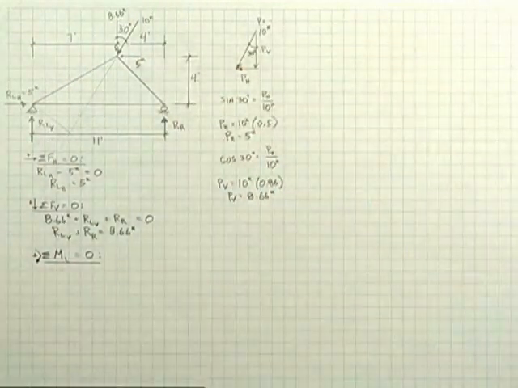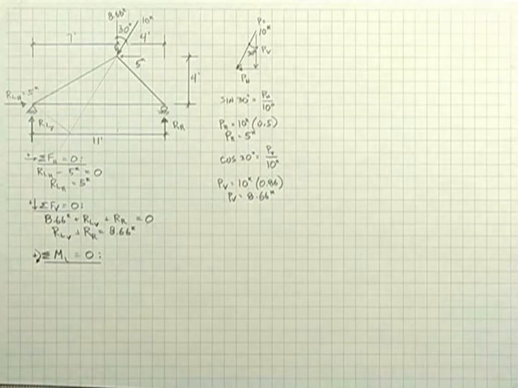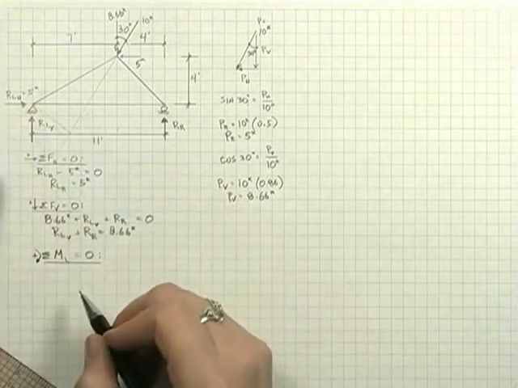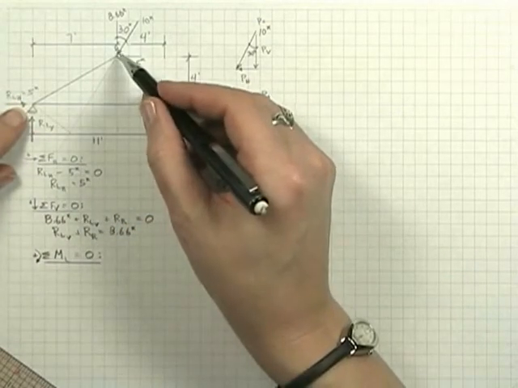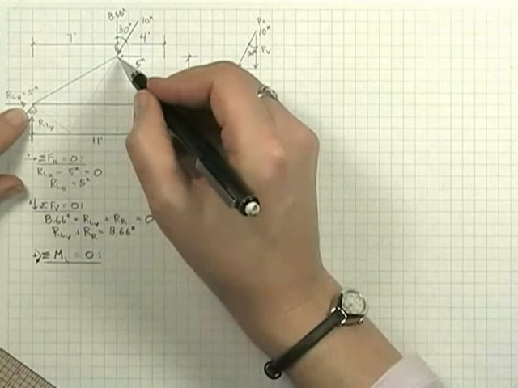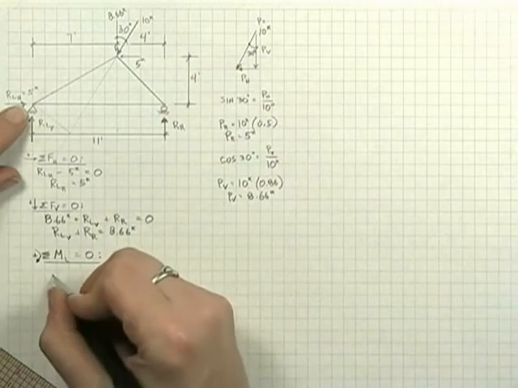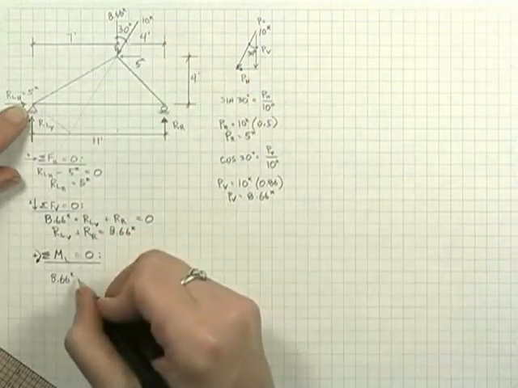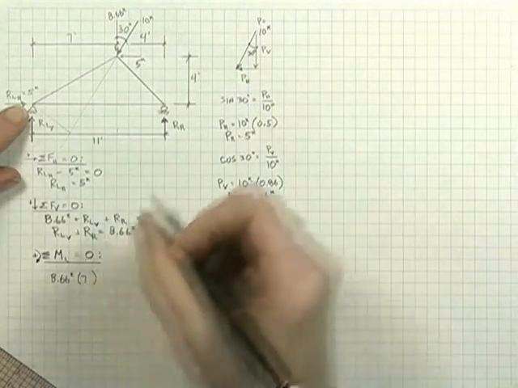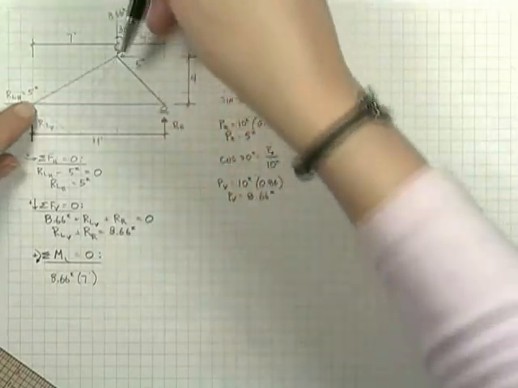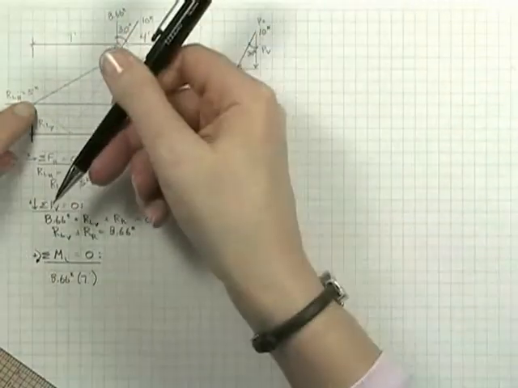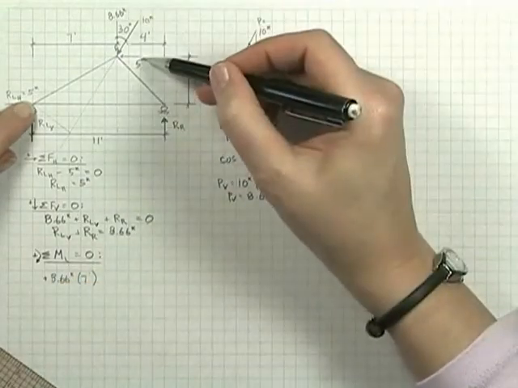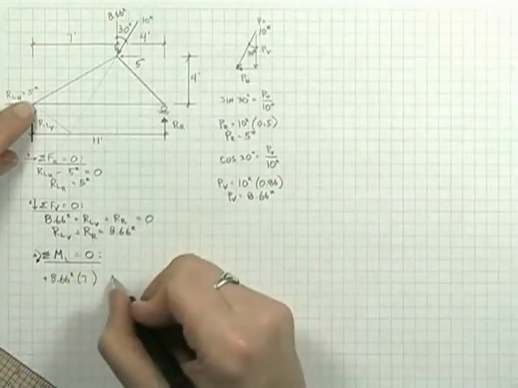So we must consider all 3 of these. With respect to the left-hand end, let's start with the 8.66 kip force. 8.66 kips, its distance is 7 feet. With respect to this point, it's tending to rotate in a clockwise direction, therefore it's positive. We have the horizontal 5 kip force.